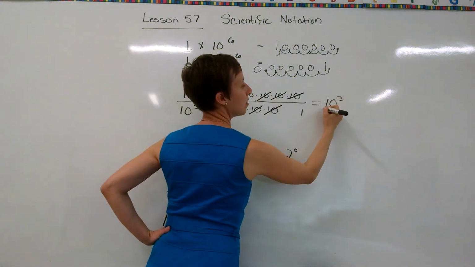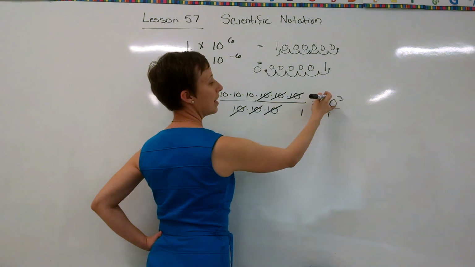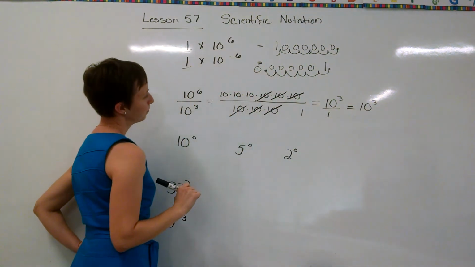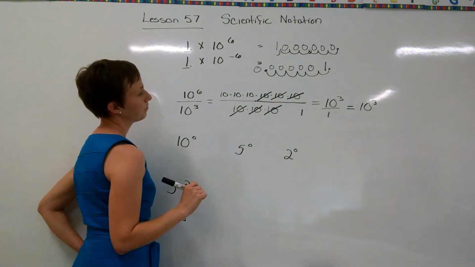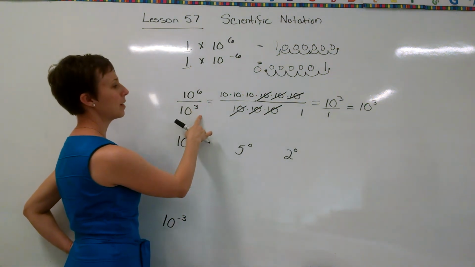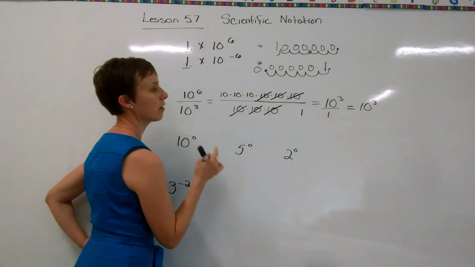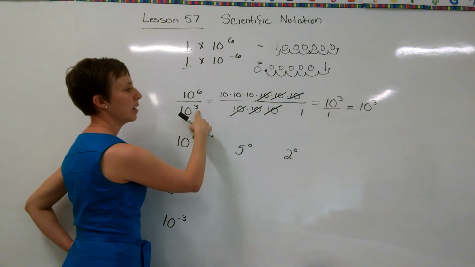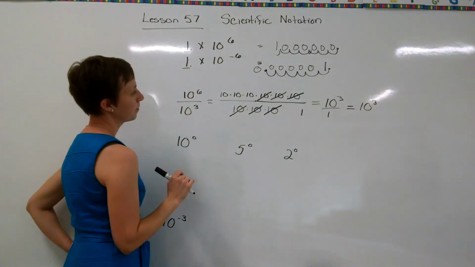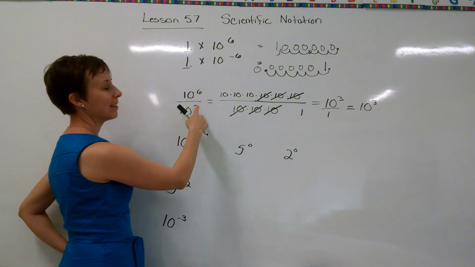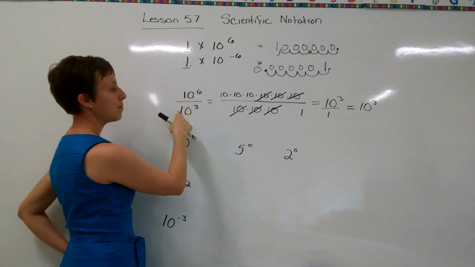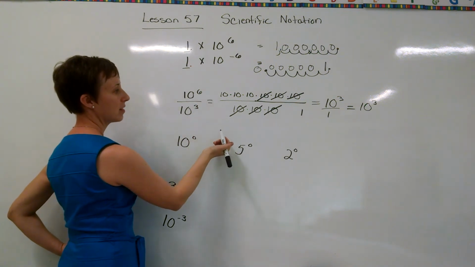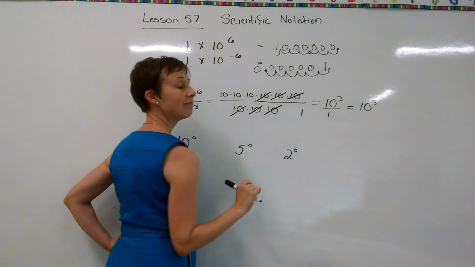That's 10 to the third divided by 1. Any number divided by 1 is that number. 10 to the third. 10 to the sixth divided by 10 to the third is 10 to the third. You know, 6 minus 3 is 3. I think when I divide numbers that have the same base but different exponents, I can just subtract the exponents and get the right answer. Just a tip.